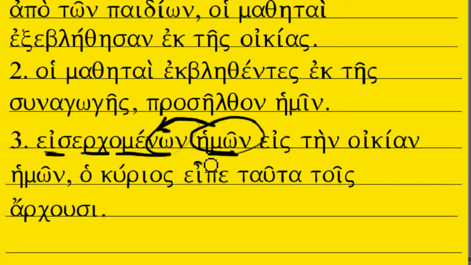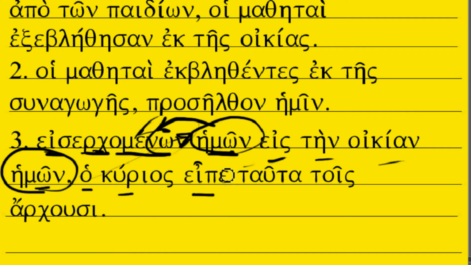So while we were coming eis ten oikian into the house hemon of us, this now is simply the possessive pronoun, not to be confused with that hemon, which is the subject of the participle. So while we were coming into our house, ho Kyrios, the Lord, eipen, third person singular, the Lord said, tauta, these things, tois archousin, to the rulers.